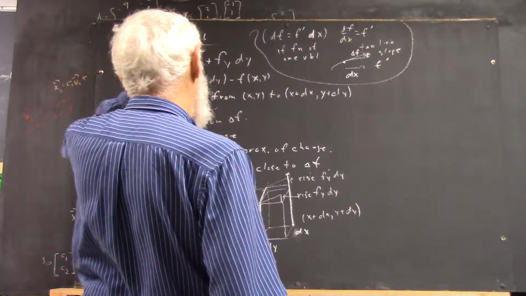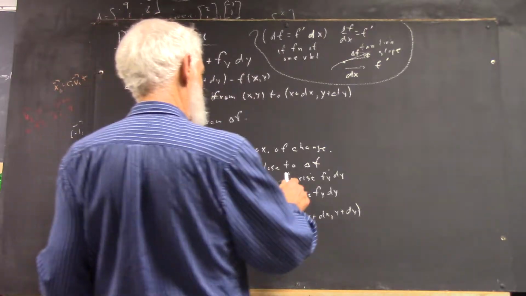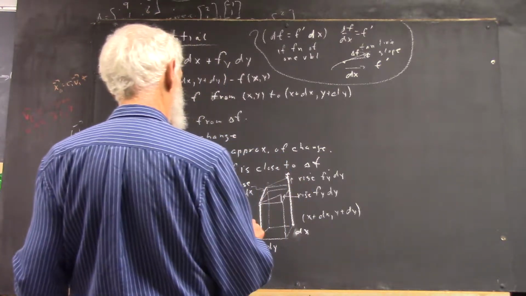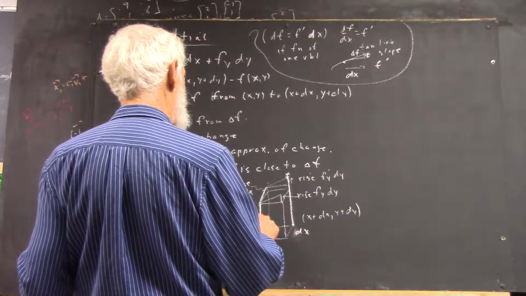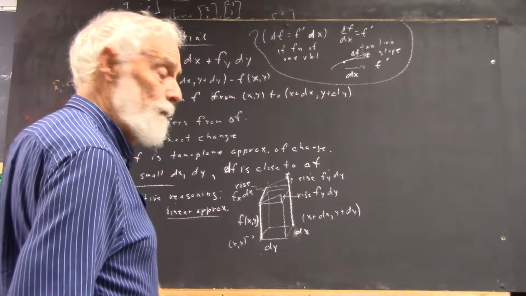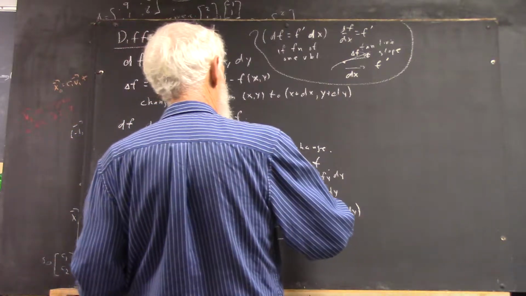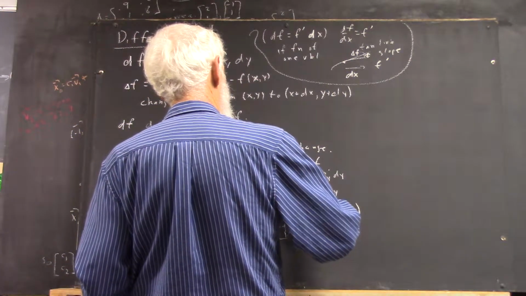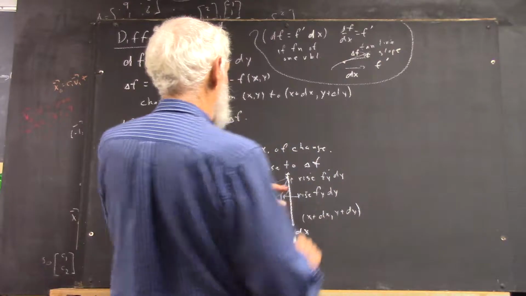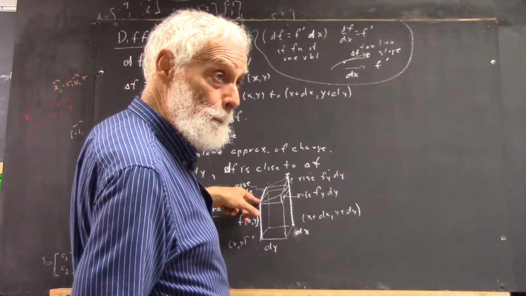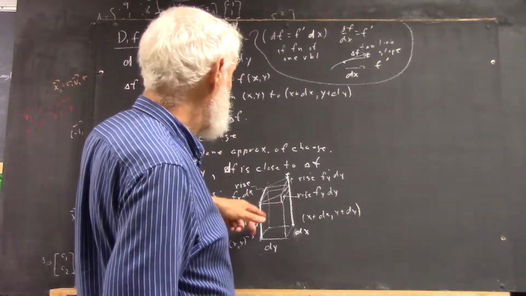Okay? So what you get here is, well, the value here is f of (x, y). Now, this is getting all cluttered up. And, of course, you're going to do a similar triangle here. This triangle will be similar to this one, right? Obviously, it needs to be.